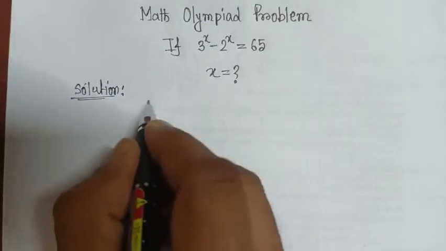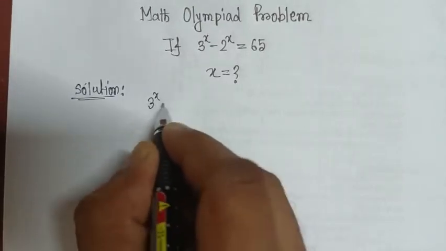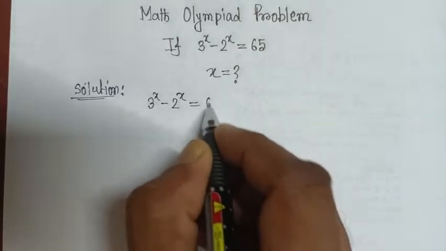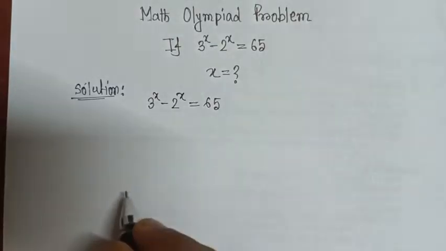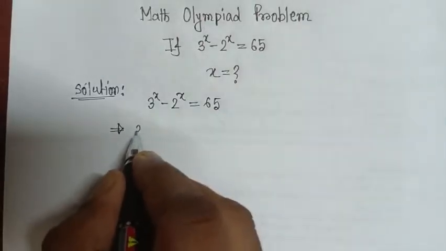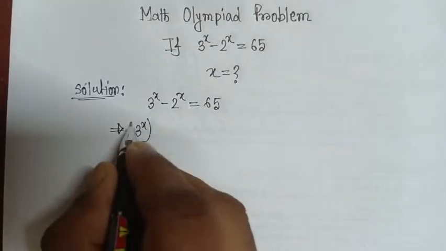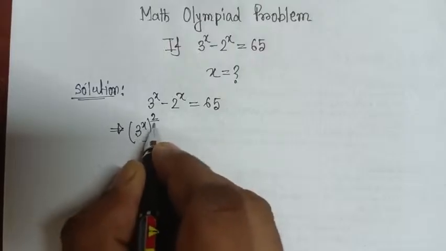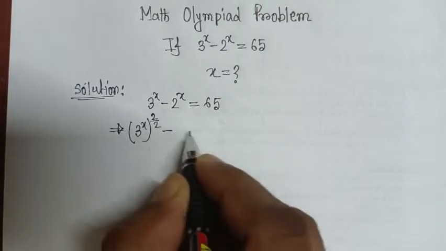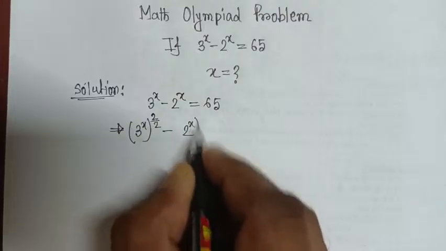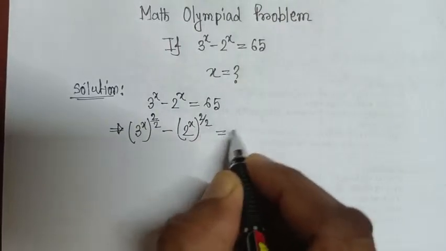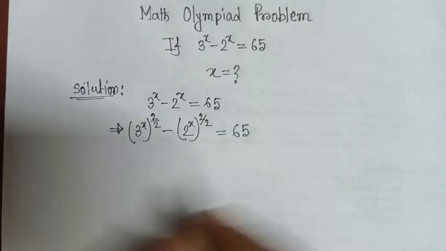We have 3 to the power x minus 2 to the power x is equal to 65. Now we can write the expression as 3 to the power x to the power 2 by 2 minus 2 to the power x to the power 2 by 2 is equal to 65.